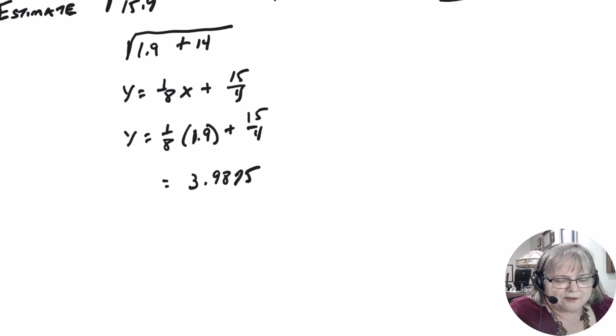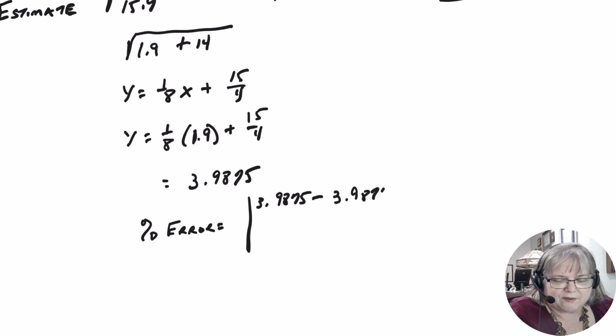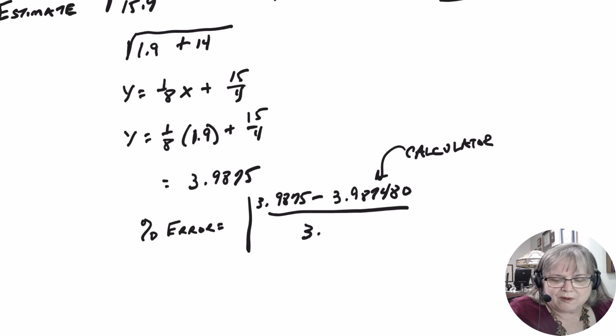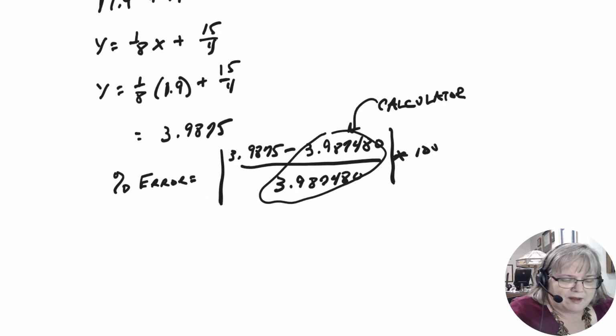And when you do the actual calculation and then the percent error, I got 3.9875, and the calculator answer turned out to be 3.987480. This is using a calculator. Remember, these two match. You have to divide by what the actual calculator value is. And this turns out to be 0.000497.